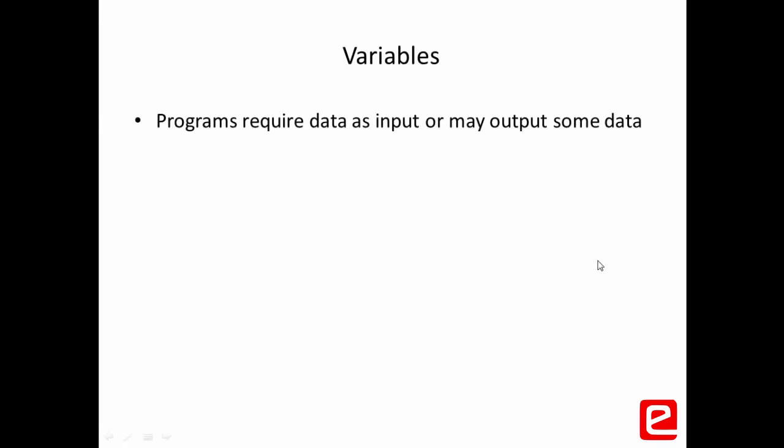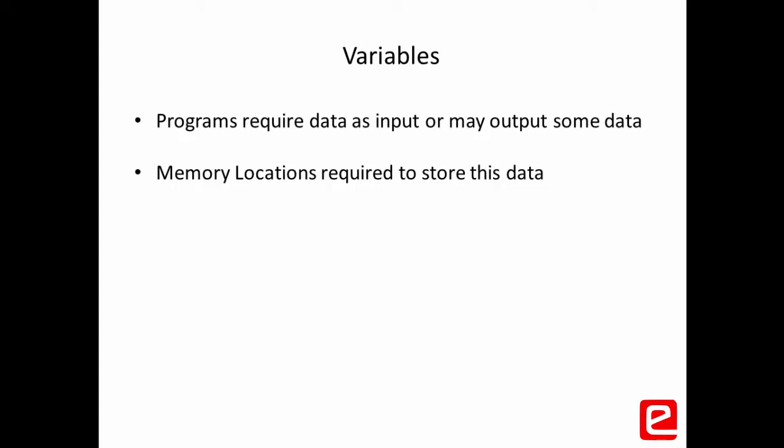So, programs require data as input or may output some data. If we refer to our previous example of adding two numbers, the computer required some space to store those two numbers and also the result of the addition. A computer uses locations in its memory to store this data.